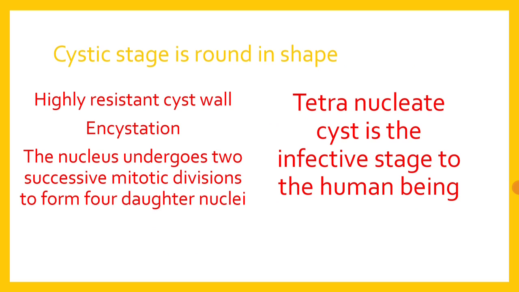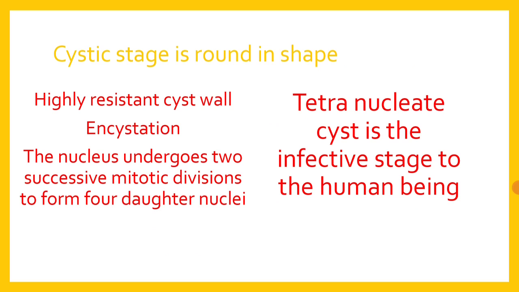These houseflies will come to your house or the hotel in which you are dining, eat on your pizza, burger, everything, and simply drop the tetranucleate cysts on these edible items. That means all edibles and eatables should be protected from houseflies, otherwise they may get contaminated with tetranucleate cysts.